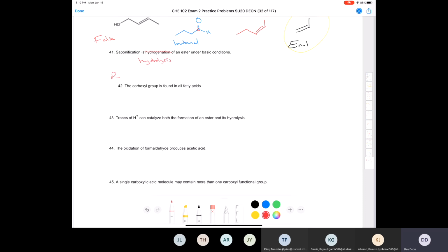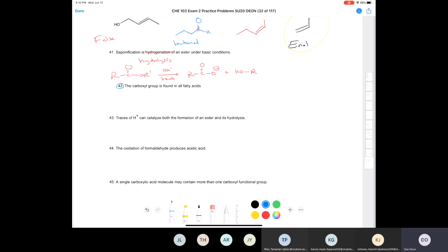Okay, it's when we take an ester, and we treat it with a strong base, and we heat it up, and we form a carboxylate, okay, and an alcohol.